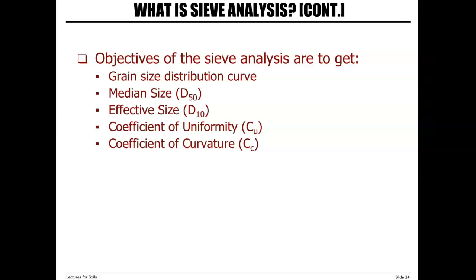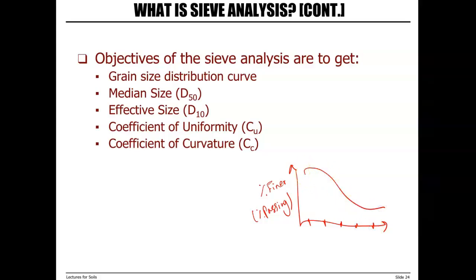So for this class, we will do sieve analysis in lab. Objectives of the sieve analysis are to get grain size distribution curve, which is again the curve that gives us percent finer or percent passing from different sieve sizes that we have.